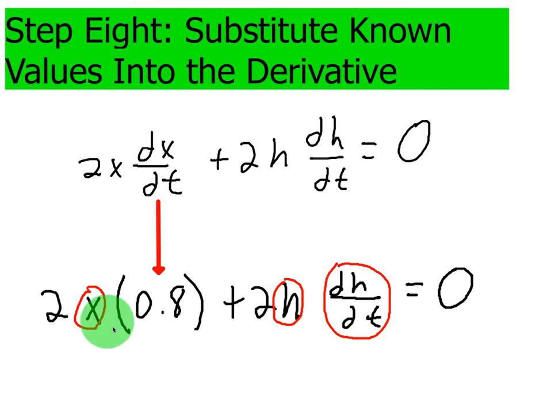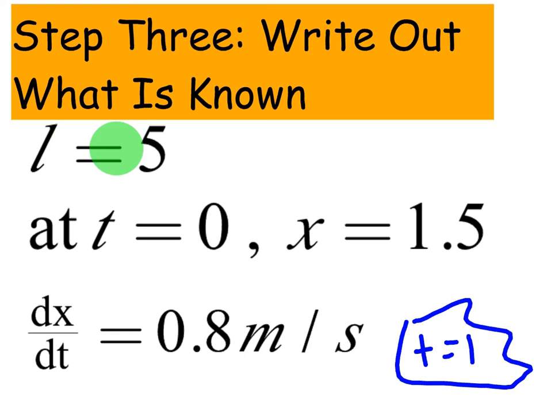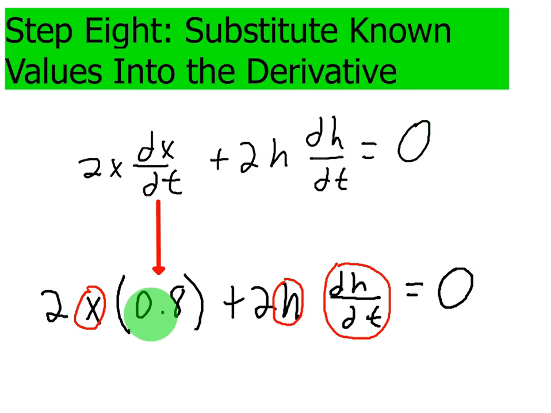Well, if you go back and look at what the problem gave us and what we wrote out, we know that dx/dt is 0.8 meters per second, so we can substitute that right into the formula that we have. So we're going to replace that with 0.8.